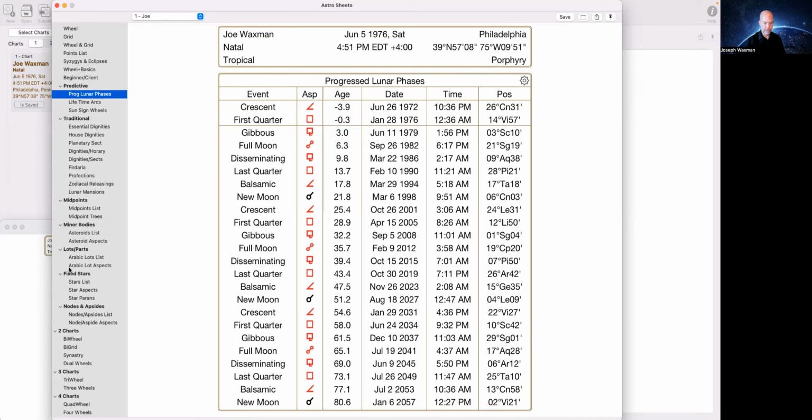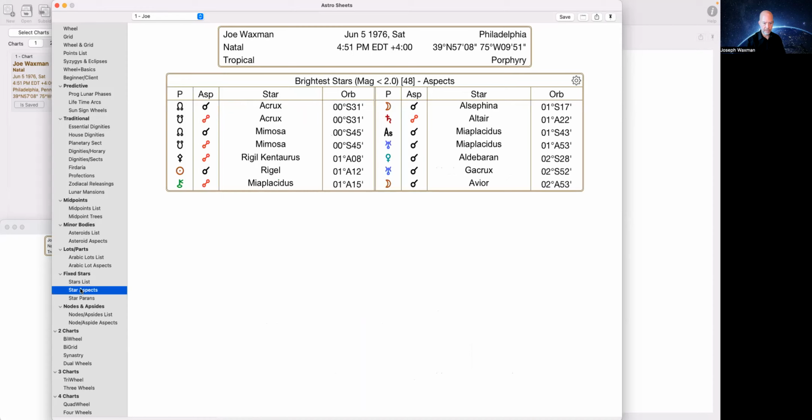Another interesting thing you can look at, I like star aspects. My North Node is conjunct Crux, which is a very occultic star for astrology or occult awareness, and that's very exact. Sun conjunct Rigel. I don't know, the stars sometimes make a lot of sense.